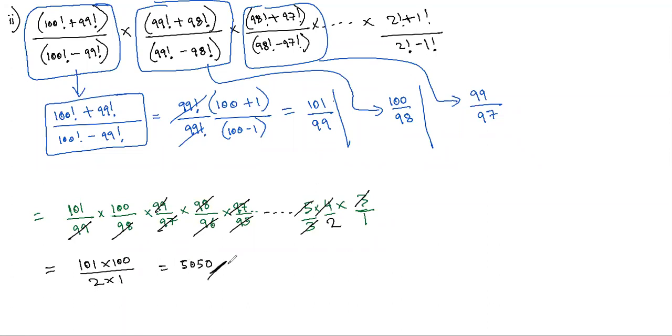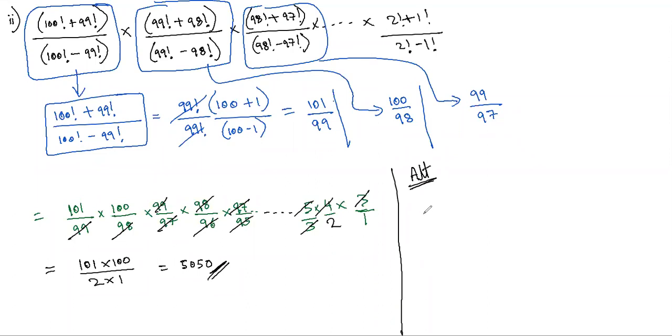Sir, this numerator can be written as simply 101 factorial divided by 2, and this denominator can be written as 99 factorial. Yes, that is also one way. There is another solution, Pawan's suggestion.